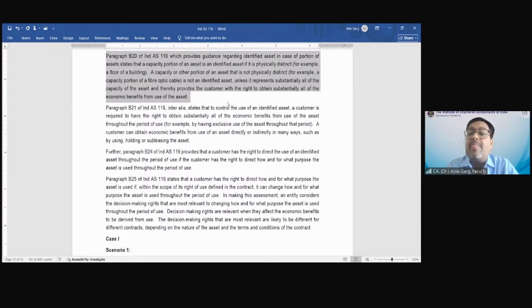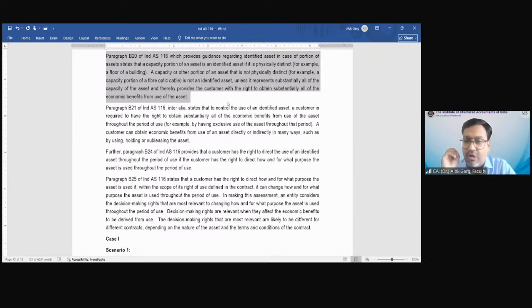Until and unless substantially all the capacity is used by that lessee. For example, if the lessee is using 95%, more than 90% of that capacity, then you can say that largely the entire container is used by the lessee, largely the entire fiber cable is used by the lessee.